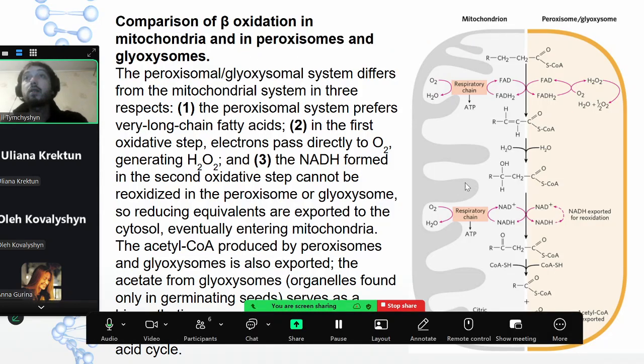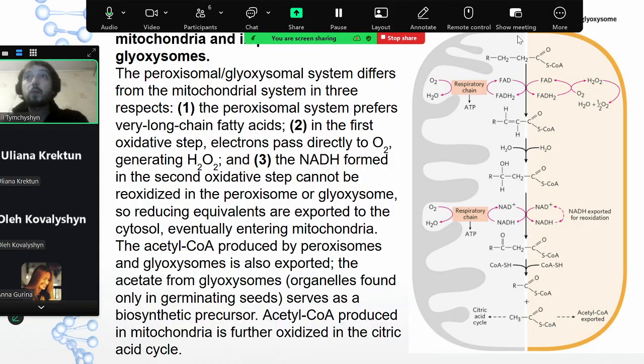Okay, so what's the difference? Here you see some sort of comparison between mitochondrion and peroxisome or glyoxysome, and here you see the chemical reactions as they go and the difference between them. We start with certain fatty acids, and seeing this CoA, you guess it is already activated.